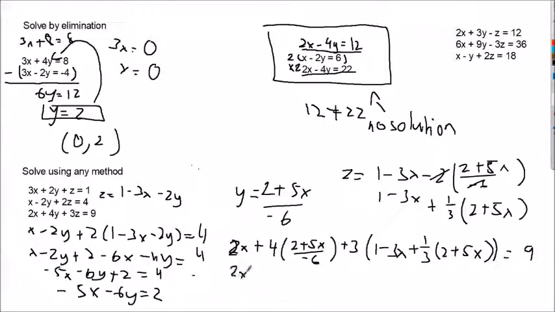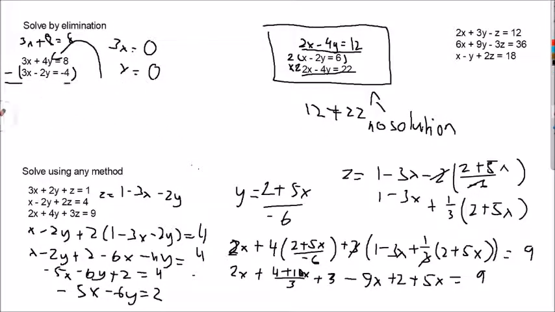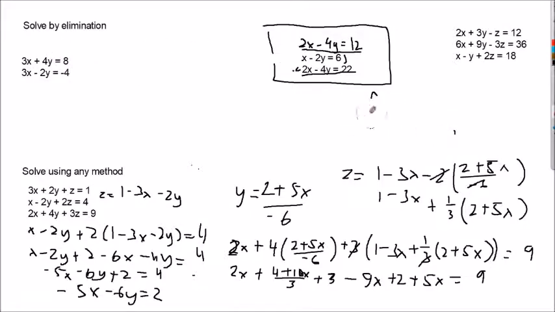So by simplifying this equation, you'll get 2x plus 4 plus 10x over 3 plus 3 minus 9x. And this erases, so then we'll have plus 2 plus 5x equals 9. Okay, and then I'll erase these on the top because I need more workspace because this is a big equation.